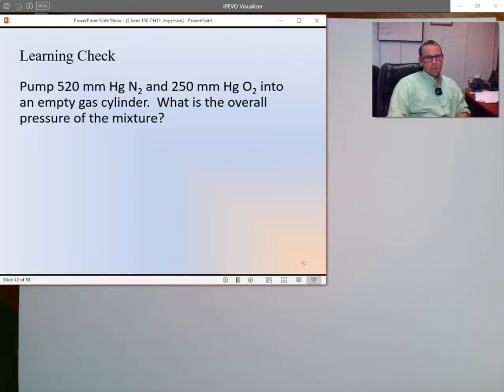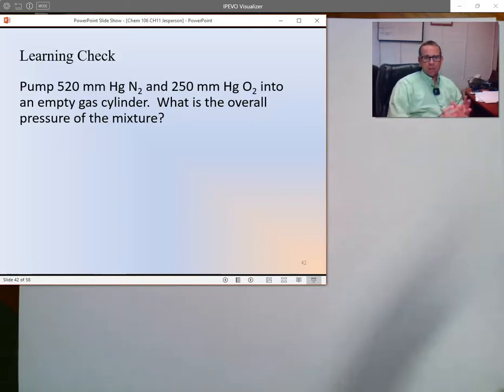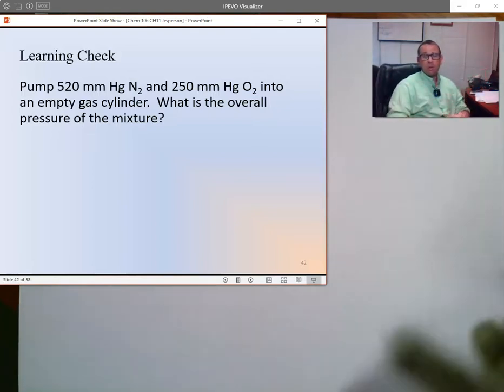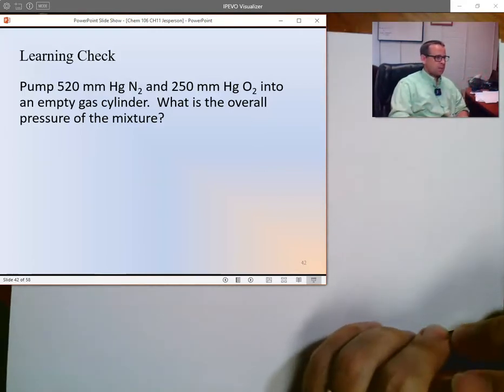So if we had an example like this where we have 520 millimeters of mercury, that's 520 torr, of one gas into a cylinder, and then 250 millimeters of mercury of another gas into a cylinder, the overall pressure of this mixture would be just the sum of those two individual gases. The pressure contributed by the individual gases will be the sum of the two.